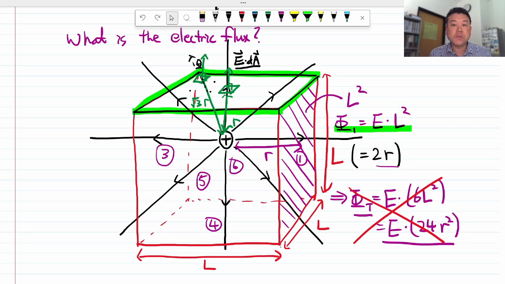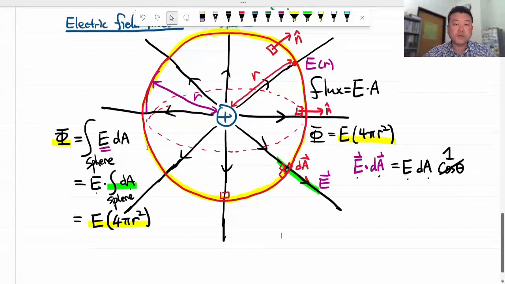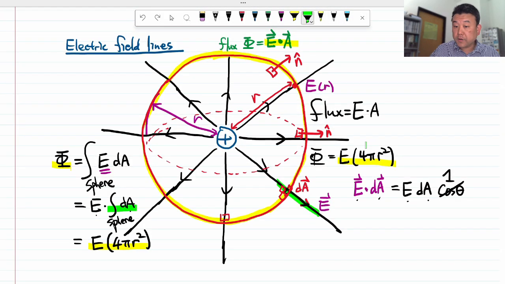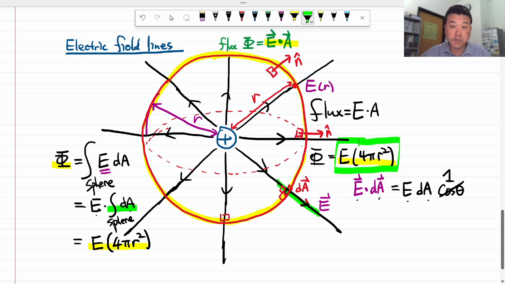Now we could go through a corrected, detailed calculation, fixing these issues. Maybe. But let's step back and compare this picture of the electric flux through a cubic surface with this picture of the electric flux through a spherical surface. For the sphere, we calculated E times 4 pi r squared for the flux.